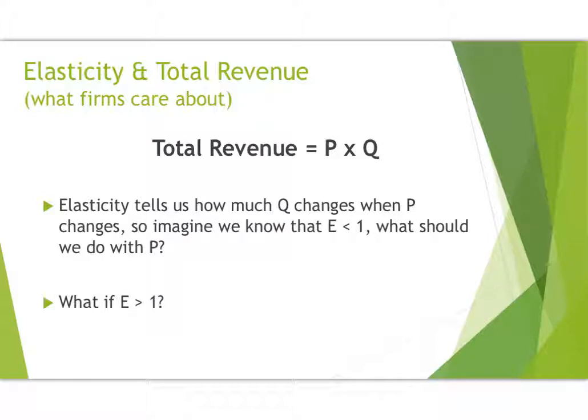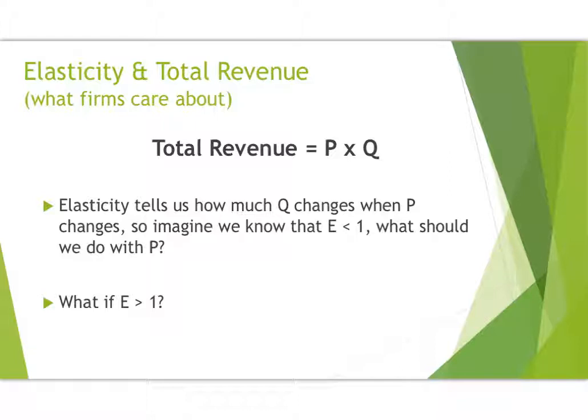At a basic level, we've talked before about how firms are trying to maximize profits. One aspect of profits is revenue, so we're going to focus on revenue here. Costs are in the background, and we'll deal with those later. In the most basic sense, total revenue is just price times quantity: how much do you sell, which is quantity, and how much do you sell it for, which is price.